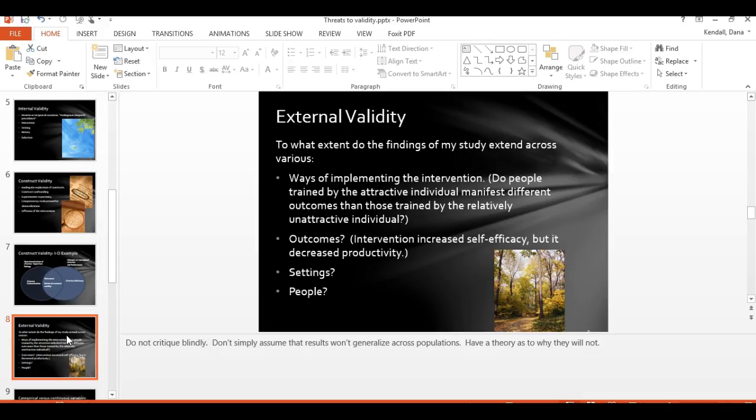What I mean by throwaway lines are lines in maybe the limitations part of journal articles or in presentations, where they'll say, our study was conducted on people in the United States, and therefore the findings probably won't extend to people in other countries. And then they move on. That is a throwaway line and is a blind critique, and it drives me crazy a little bit.